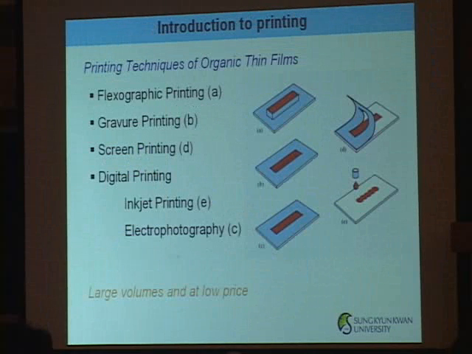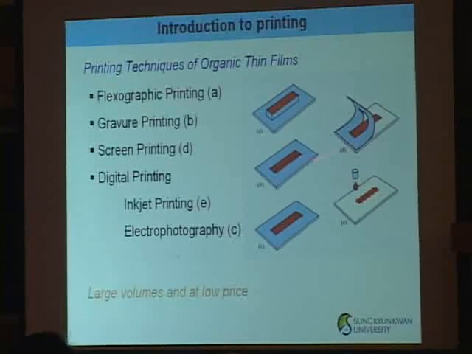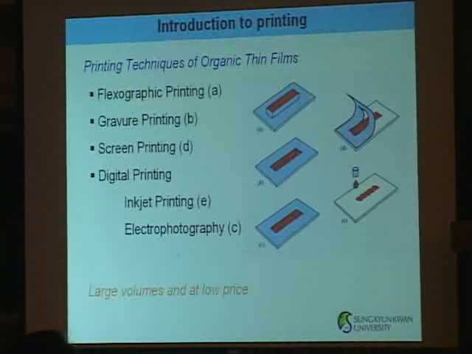There are many kinds of conventional printing. I listed four different kinds here. One is flexographic printing. Ink is put on some area elevated on the printing die, and this printing pad is transferred to a substrate, and then ink is transferred to the substrate.